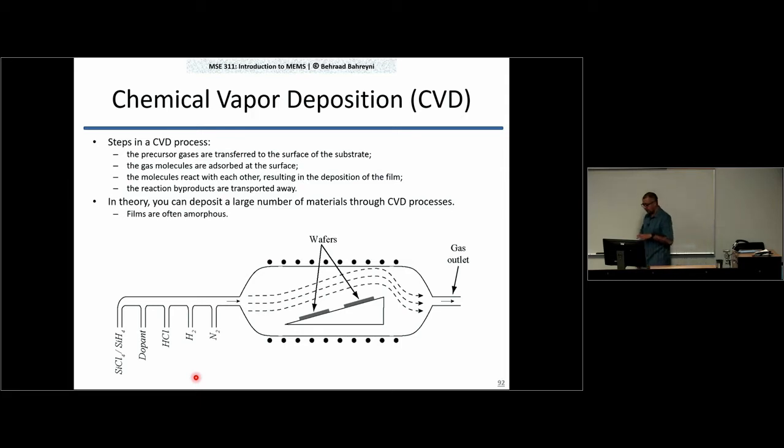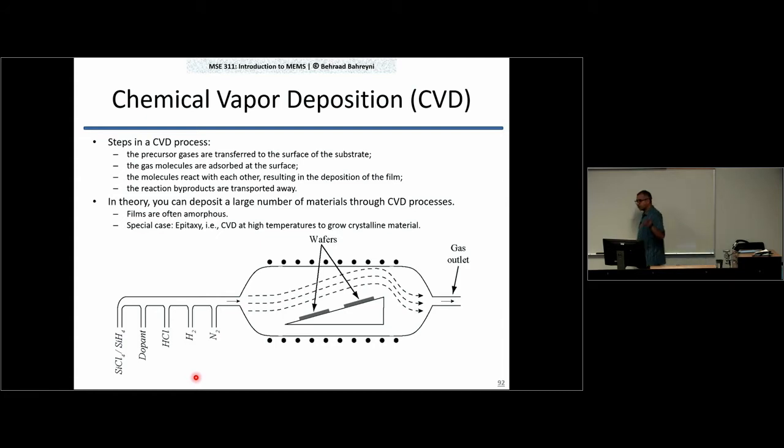Because the temperatures are not so high and the reactions are happening relatively quickly, films are amorphous. So you get an amorphous film of, let's say, silicon dioxide if you use the right gases in there. If you use the precursors for depositing silicon, you don't get crystalline silicon on the surface, you get amorphous silicon or polysilicon, unless you do this at really high temperatures.